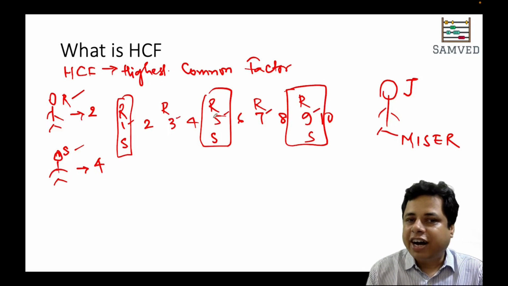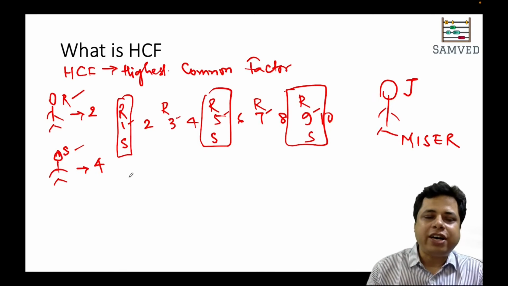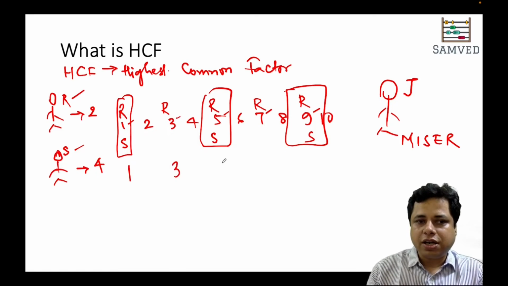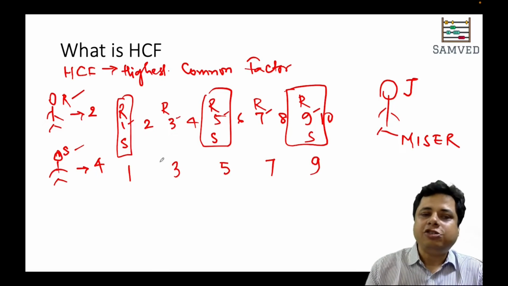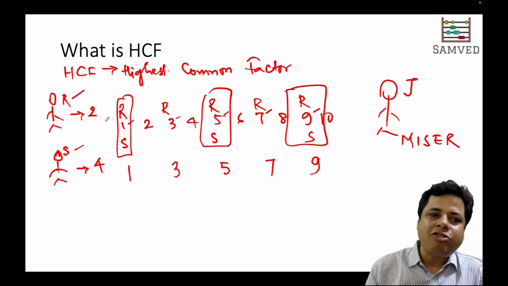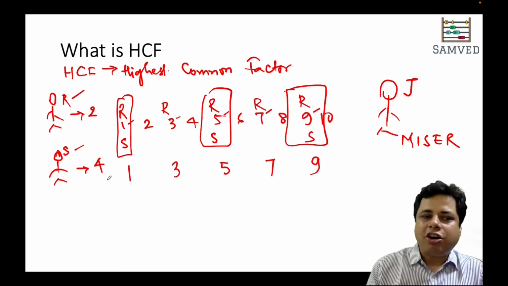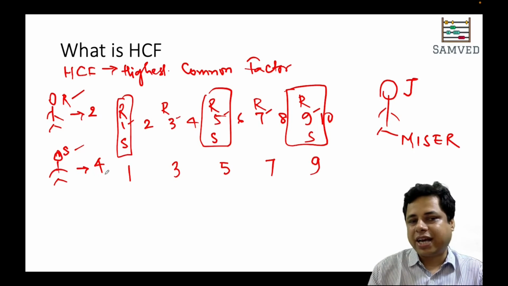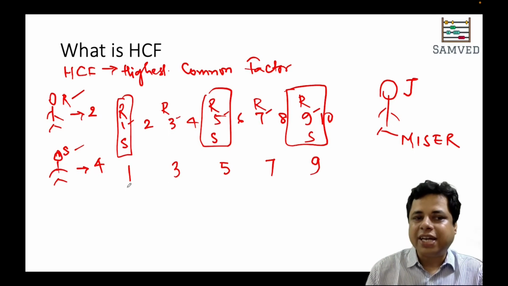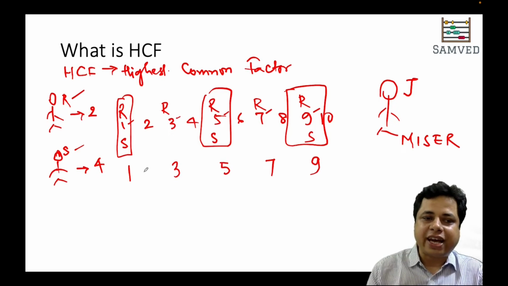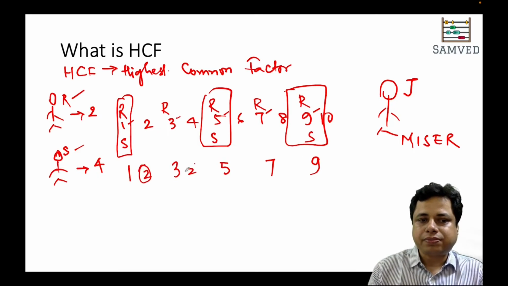Having identified those days, John now decides that he will go to the classes on the first, on the third, on the fifth, on the seventh, and on the ninth, so that he can either go with Ram on his scooter or with Shyam on his motorcycle. And what do you see? You see that between these dates there is a gap of 2.